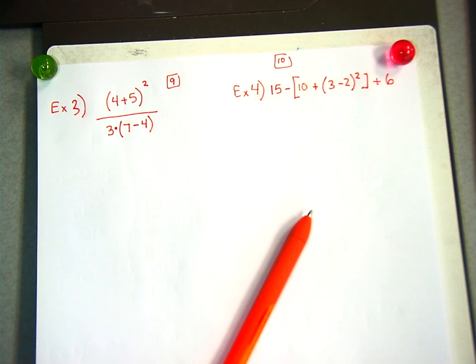All right, team 1, 2, 3, 4, 5. Team 5, you get first choice. Would you like to do example 3 or example 4? 3. And then team 4, do you want to do example 3 or no?